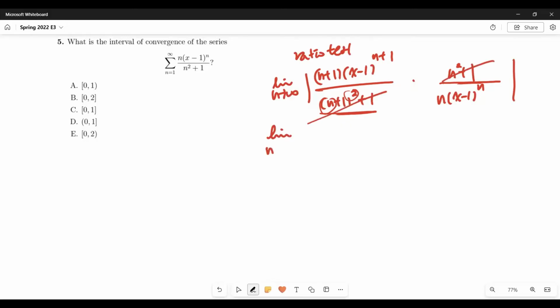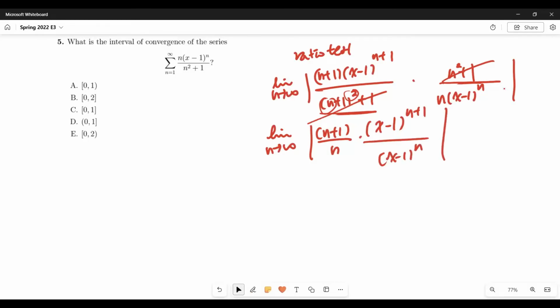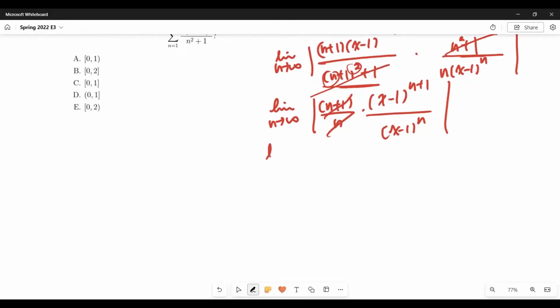So the limit as n goes to infinity of n plus 1 over n times x minus 1 to the n plus 1 over x minus 1 to the n. The n plus 1 and n also have the same power, so we don't have to worry about that part as well. So this is the limit as n goes to infinity of x minus 1 times n times x minus 1 to the n.